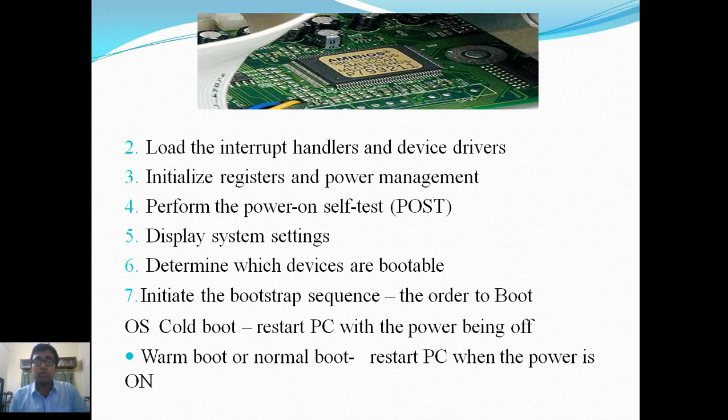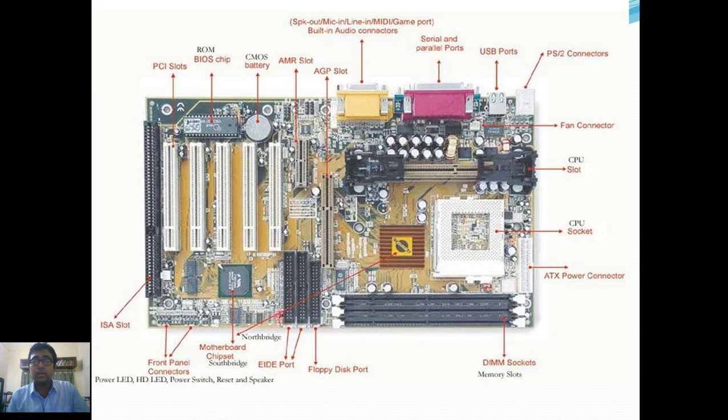Now let's go to the device driver handlers and how they work. This is the whole system that we usually have within a CPU. First we will consider things that we have already spoken about. First, let's go to the CMOS battery.